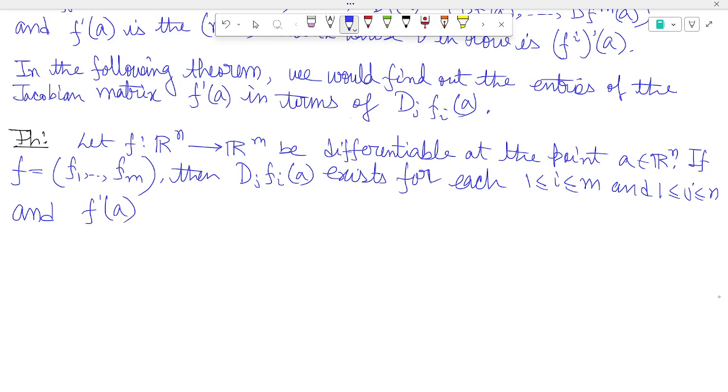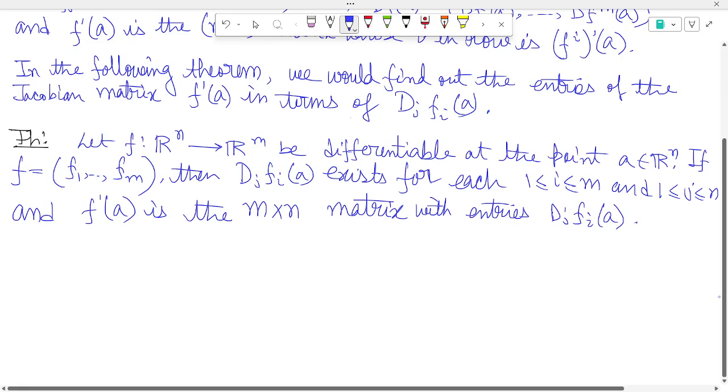Moreover, f dash a is the m cross n matrix with entries dj fi at a. That is the thing that we need to prove.